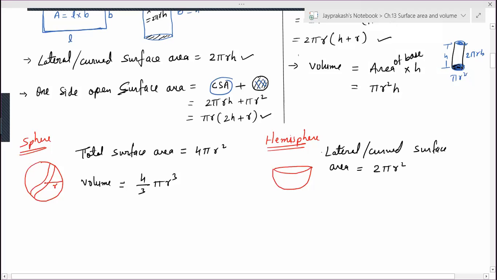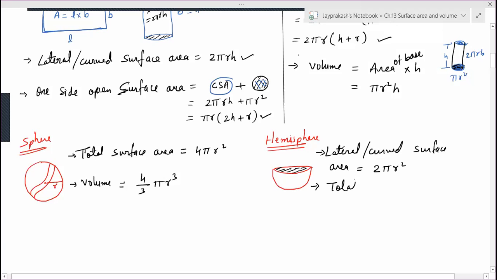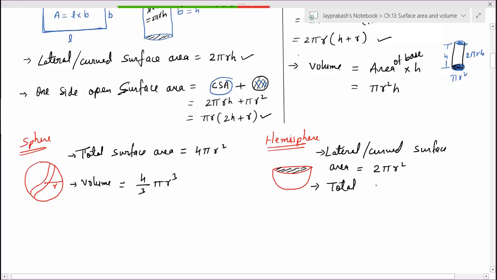Now if we talk about the total surface area, in the case of a hemisphere, we have to close this opening portion. You all have eaten ice cream. When we ask him to parcel it, he will use some circle from the top.